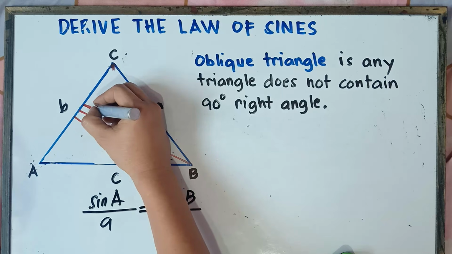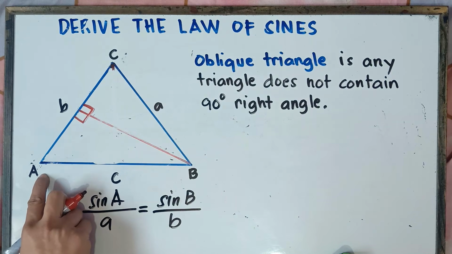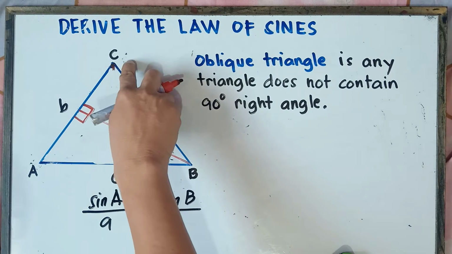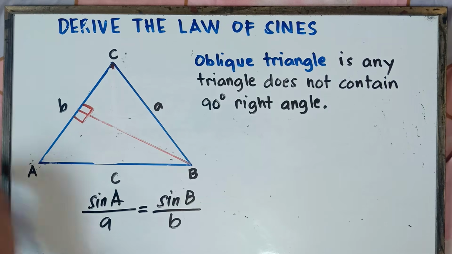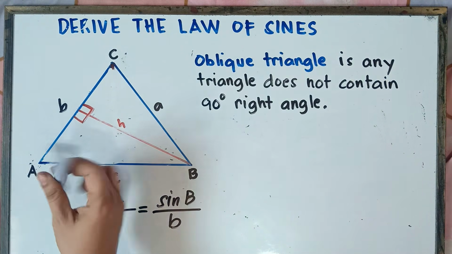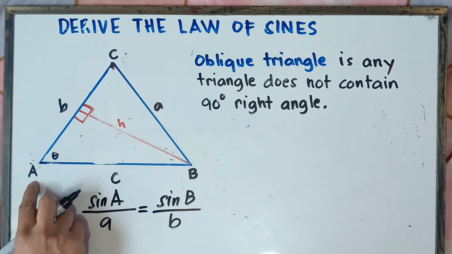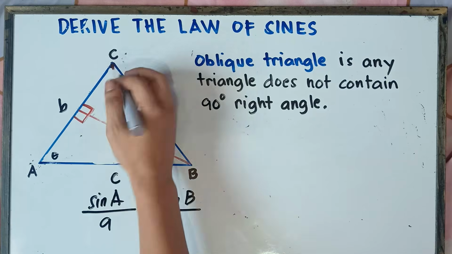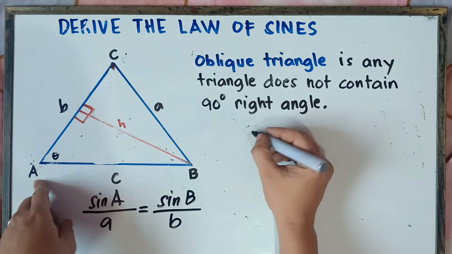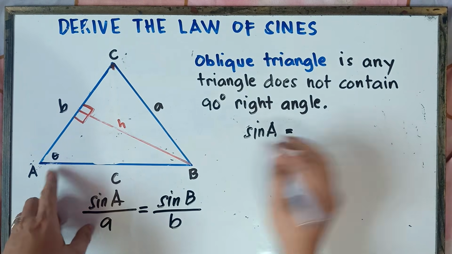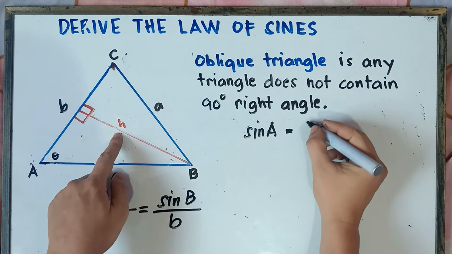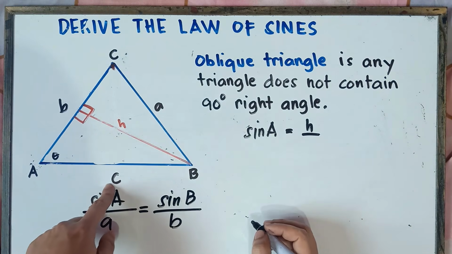Now, what if you're finding the value of sine A and then sine C? What would be the value of sine A and sine C? Alright, let's do that. Once again, we label this one as H, and this will be our reference angle. And we're looking for sine A and then sine C. Sine angle A is equal to opposite, which is H, over hypotenuse, which is small c.